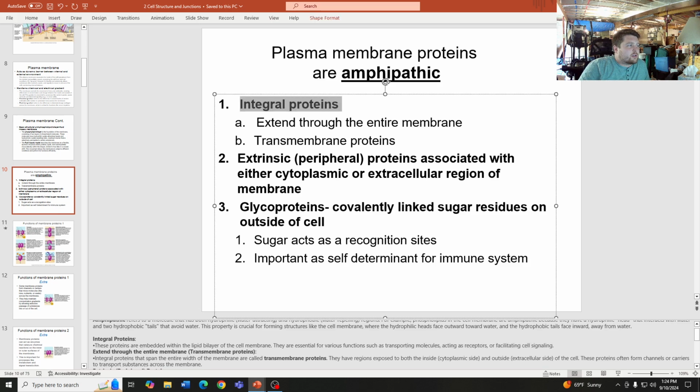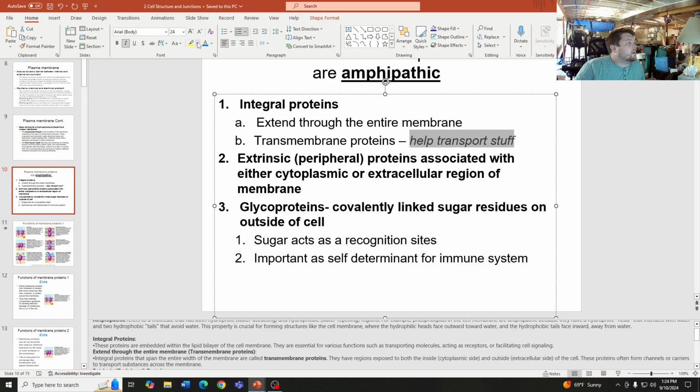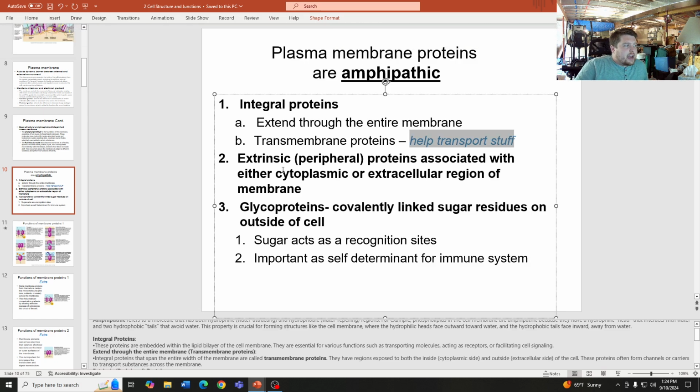So we have integral proteins, we have extrinsic, aka peripheral proteins, and we also have glycoproteins. The integral proteins are our transmembrane proteins. They help transport stuff. The extrinsic or peripheral proteins are associated with either the cytoplasmic or extracellular region of the membrane.